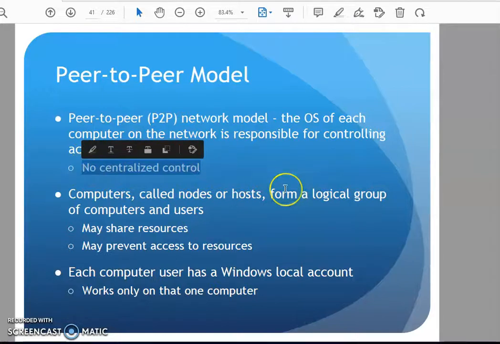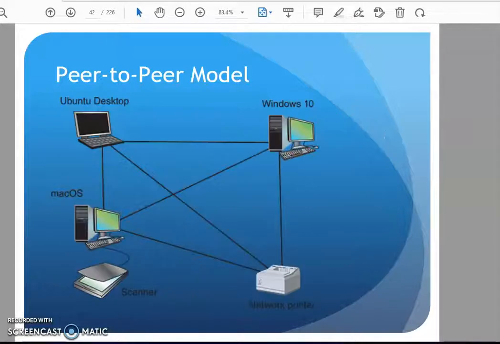Each device, each computer is saying, okay, here's the things I'll share with you, the rest I won't share with you. So this becomes a little workgroup environment where the devices are literally sharing with each other. I'm sharing a folder on my laptop, somebody is sharing a folder on their desktop, and we can move files between them. This works in a small environment with a couple computers.